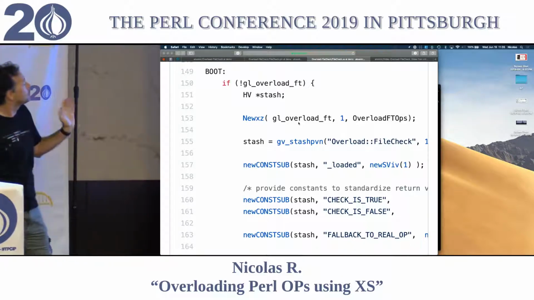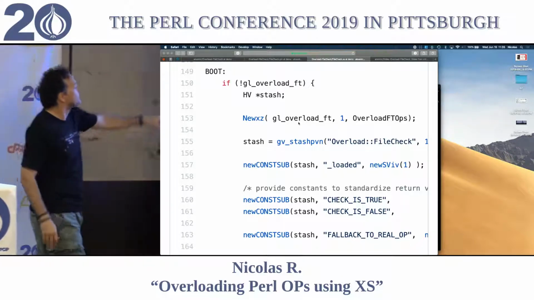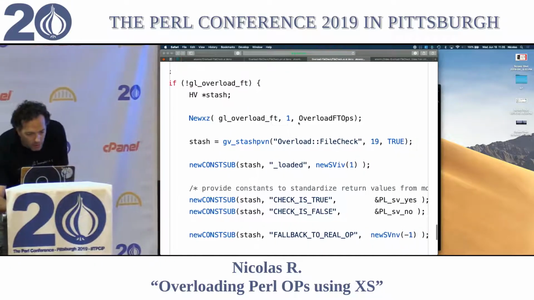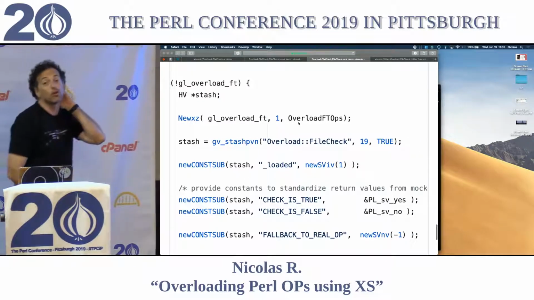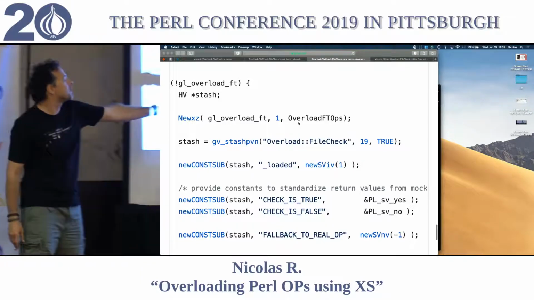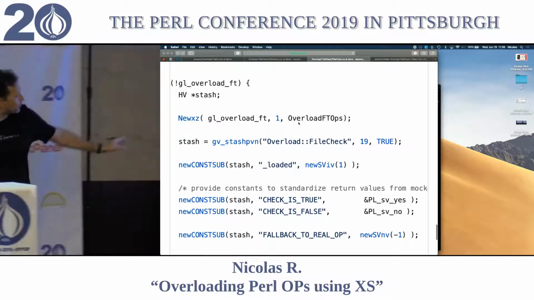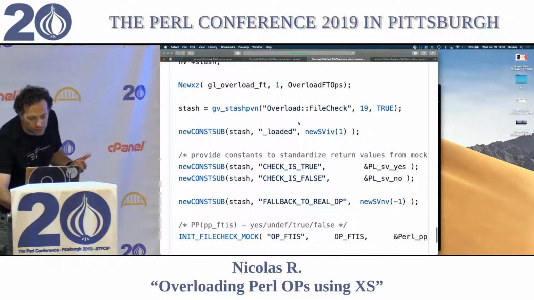And we're then going to define some constants. This is our check is true, check is false. And the cool thing is, for example, we're also going to recycle the SV yes, SV no values. And we're going to use the fallback to real op. So we're just defining some constants.